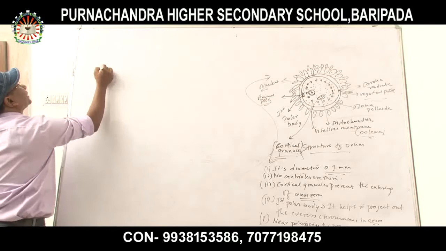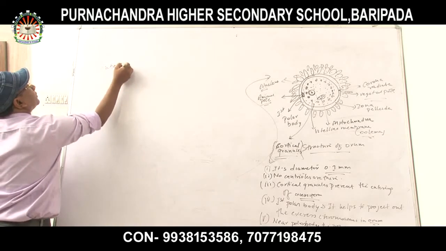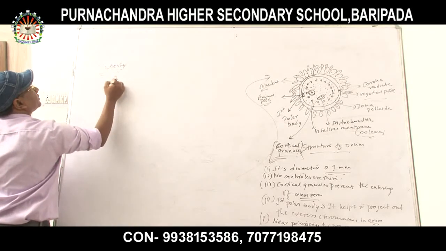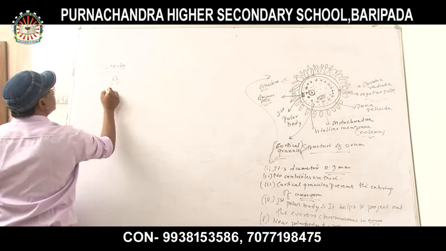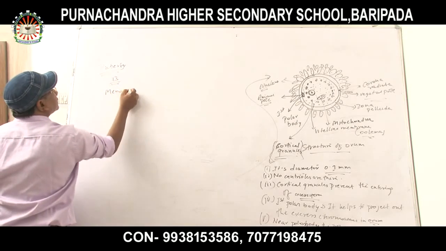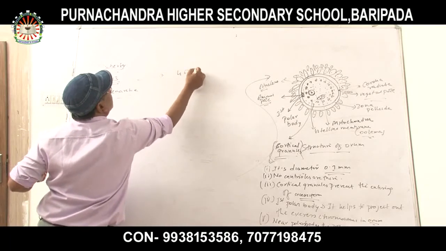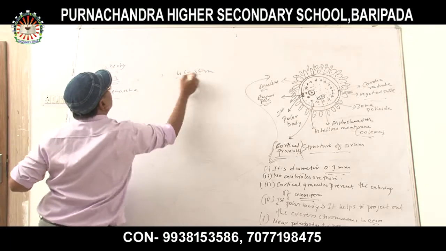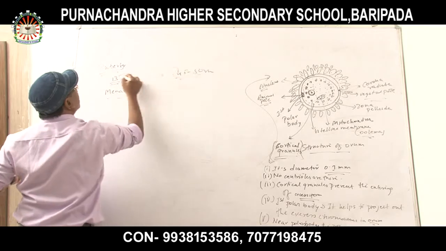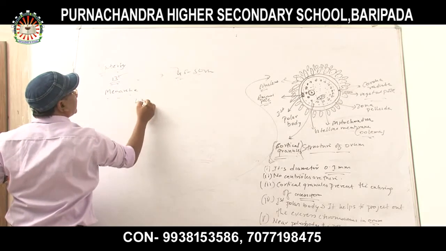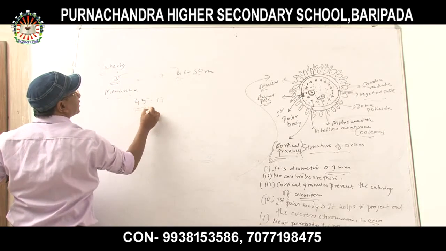Puberty is at the age of 13, starting with menarche, and menopause comes at 45 to 50 years. Now you subtract: 45 minus 13 is 32.